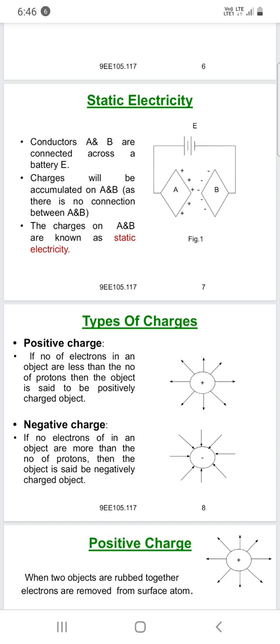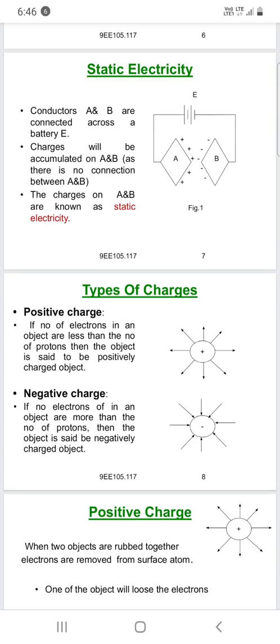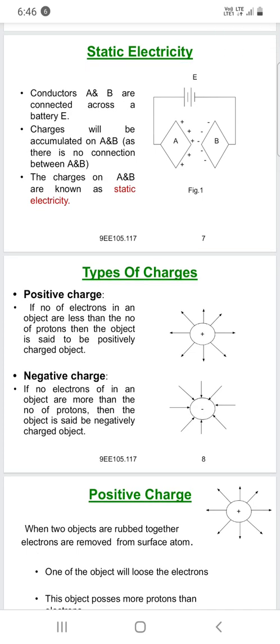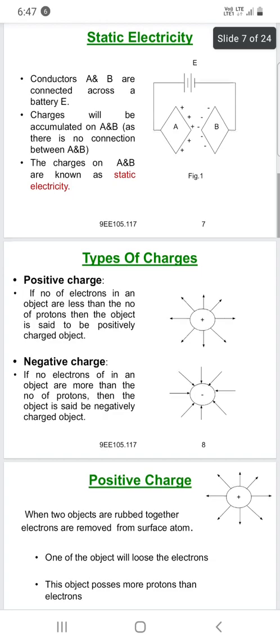The charges will be accumulated on conductors A and B, as there is no connection between A and B. The charges will form around these two conductors. Here the charge is at rest; the charge is not transferred.